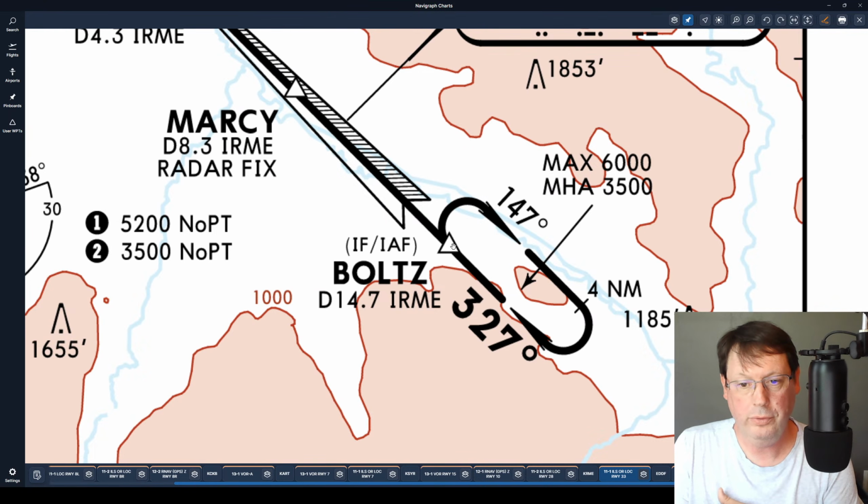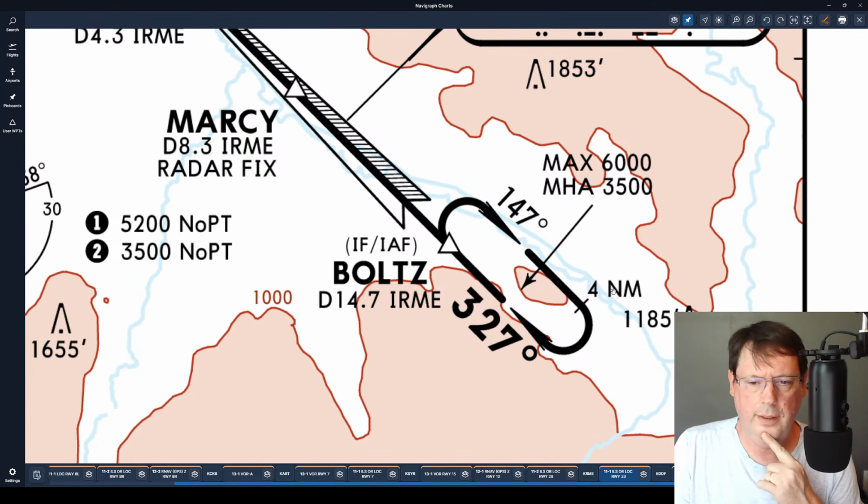So you cross Bolts, you fly 117, which is this way, for 4 nautical miles. This is a 4 nautical mile hold. Fly 4 nautical miles, and then you make a standard rate right-hand turn around until you intercept the inbound 327 to Bolts. And once you cross Bolts, now you're heading in the right direction to fly the approach.